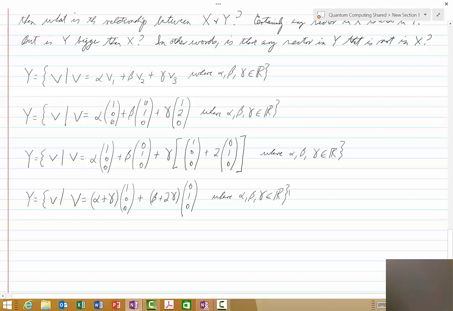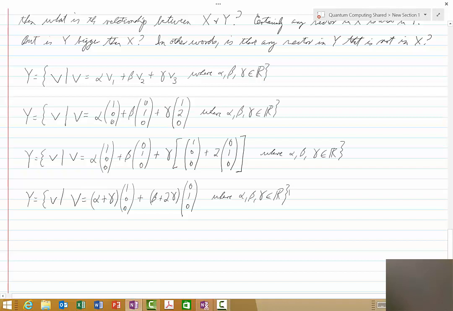And notice now that it's important that you understand what we've accomplished. We have now seen that y is really just the set of all linear combinations of just these two vectors, because that third vector that we had really could itself be written as a linear combination of V1 and V2.